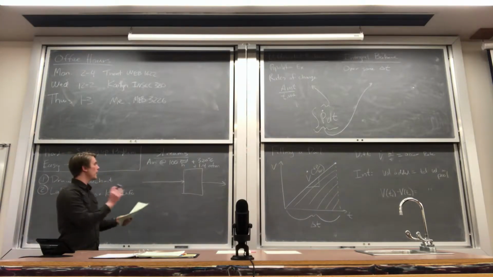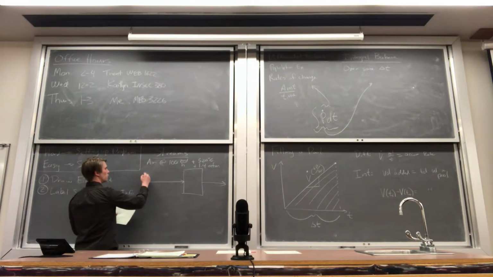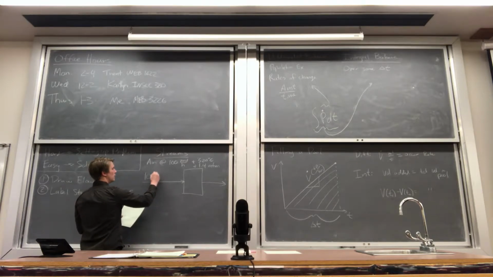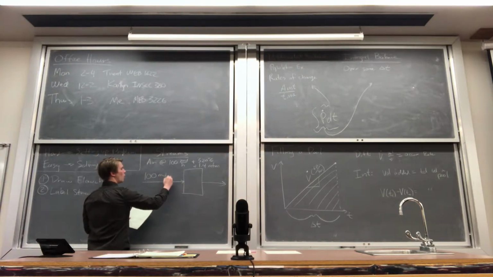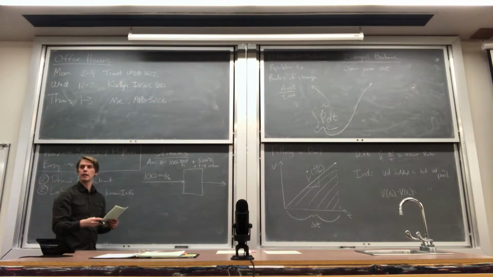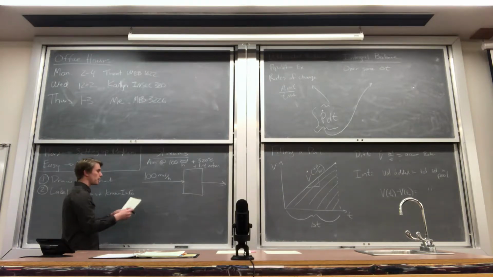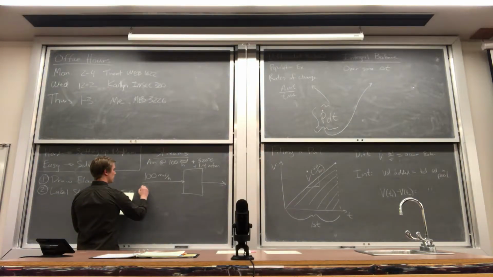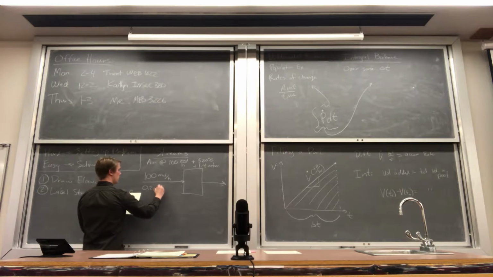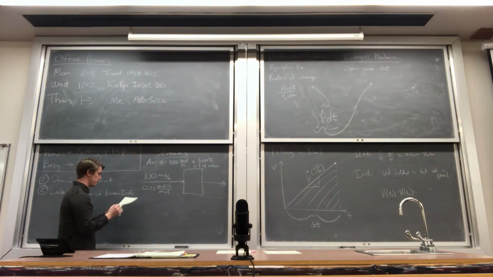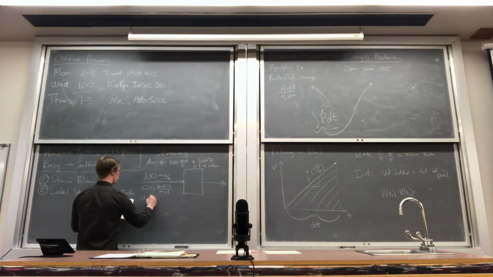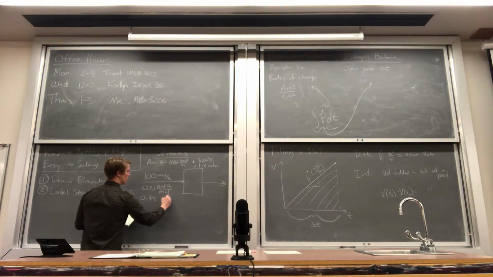So acceptable ways to draw out a process flow chart are, you can say that we have 100 moles per hour flowing in. That's not quite specific enough. Then we need to say that 0.21 moles of O2 per mole of the air being fed into the system, or 0.79 moles of N2 per mole, right?